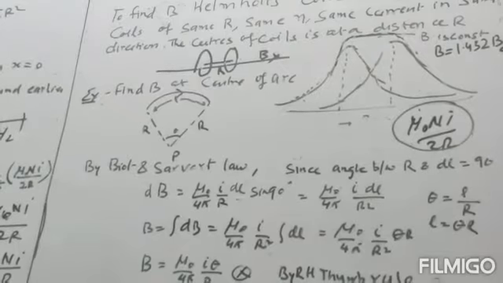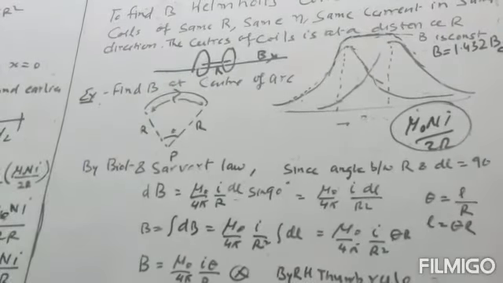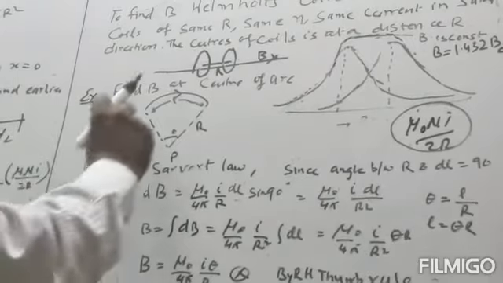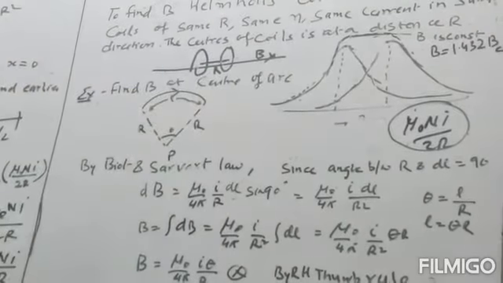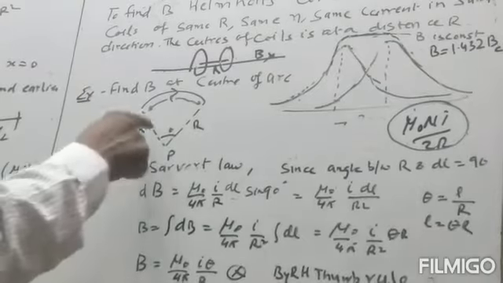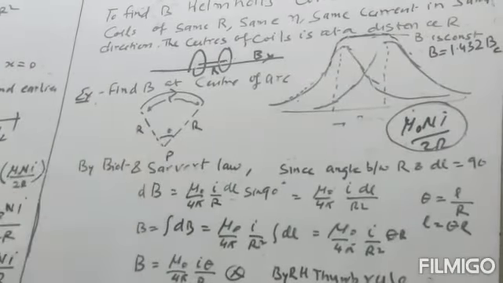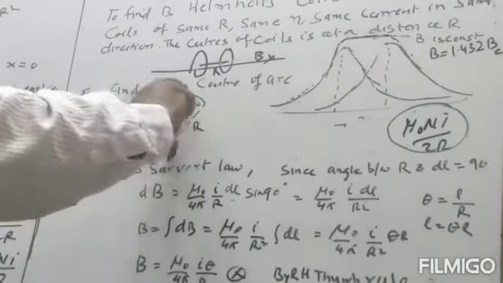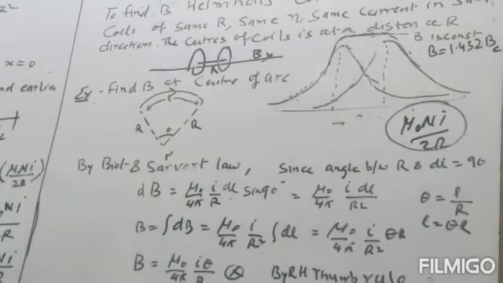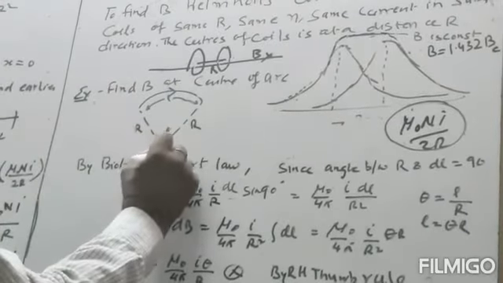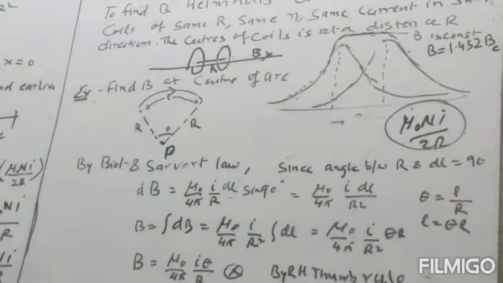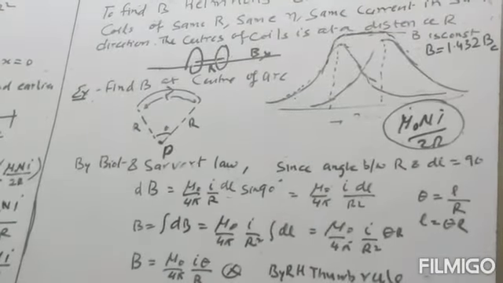Now we will find the magnetic field for special cases. Suppose this is a wire in the shape of an arc, its length is L, and it subtends an angle theta at the center. This is the radius of the circle. The radius of the arc is R, and we have to find the magnetic field at this point, which is at its center. We can find it using the Biot-Savart law.